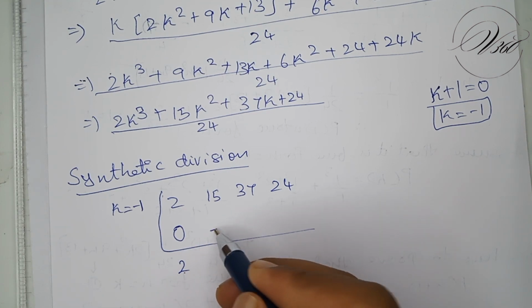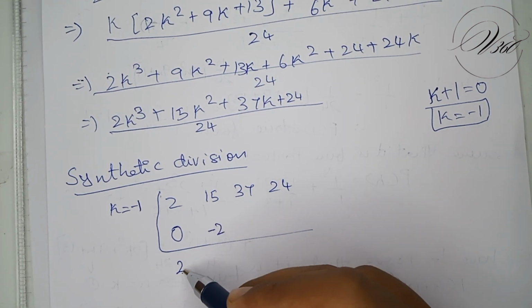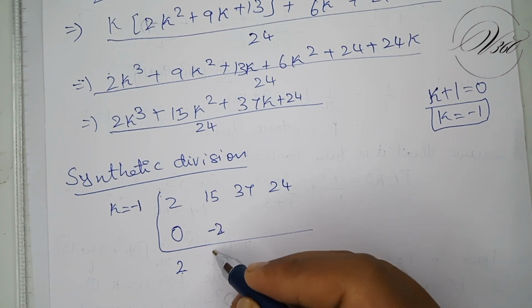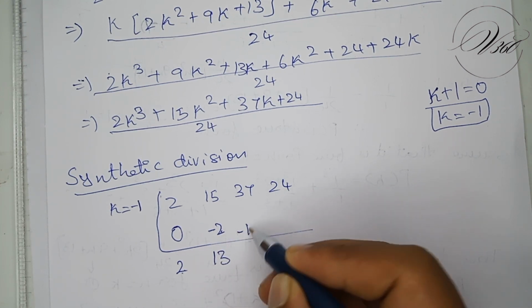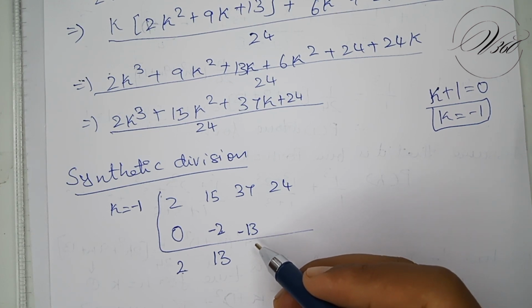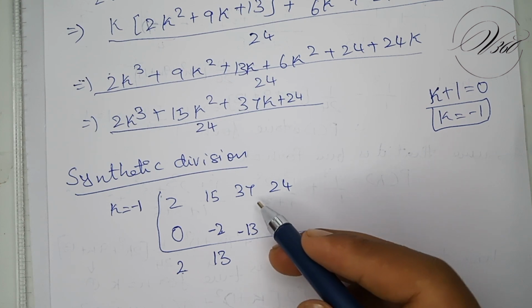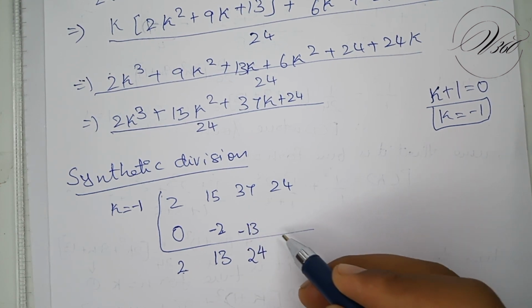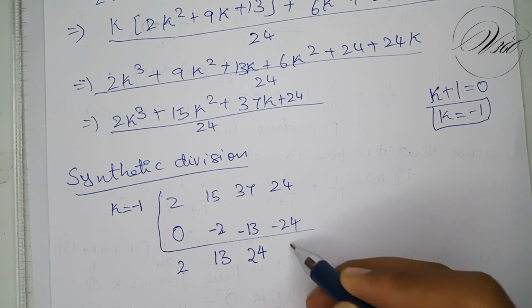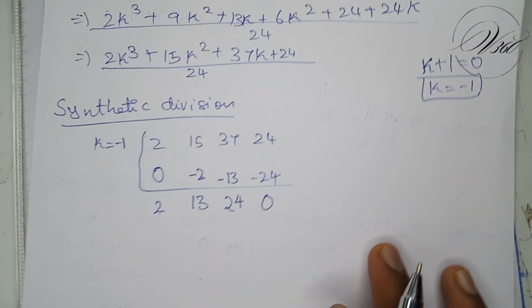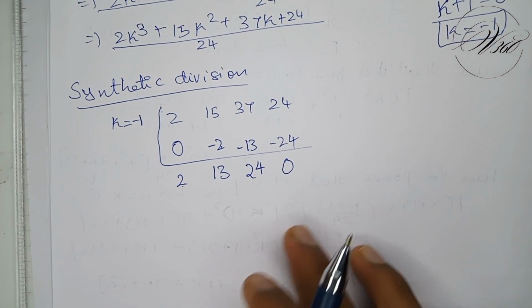Then minus 2. What is 15 minus 2? That is 13. Now minus 13 plus 37, which is 24. Now minus 24, it is 0.